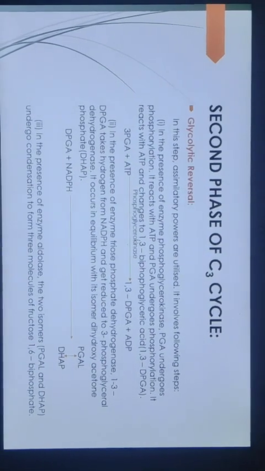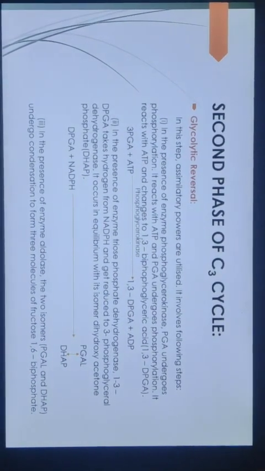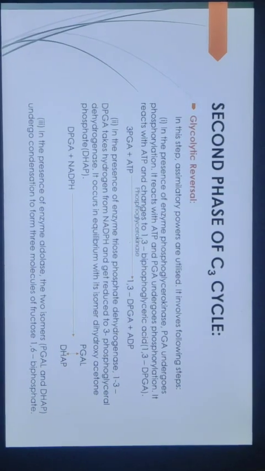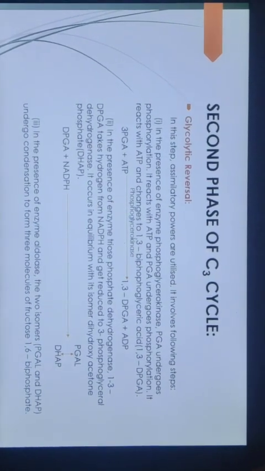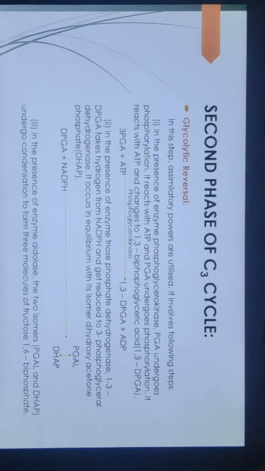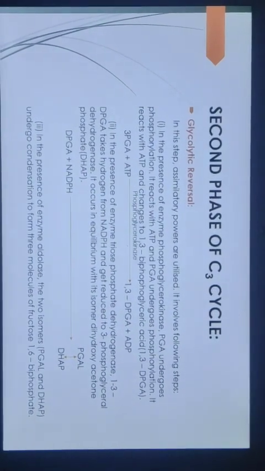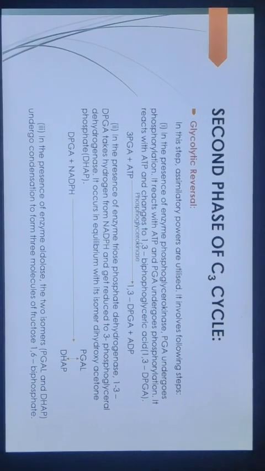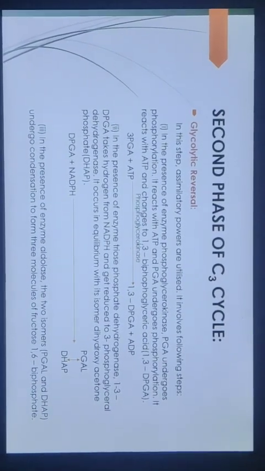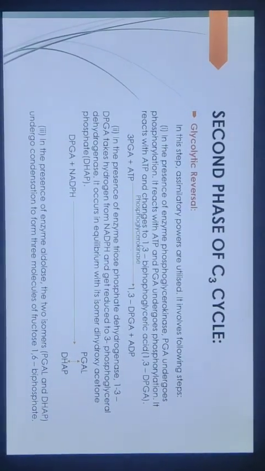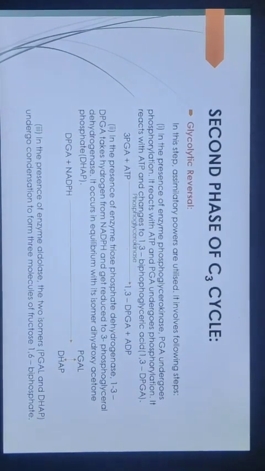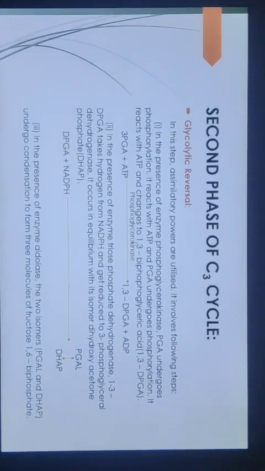Now in the second step, in the presence of the enzyme triose phosphate dehydrogenase, 1,3-DPGA, that is diphosphoglyceric acid, takes the hydrogen from NADPH and gets reduced to 3-phosphoglyceraldehyde.